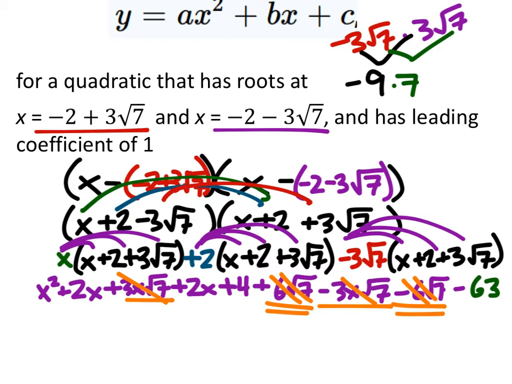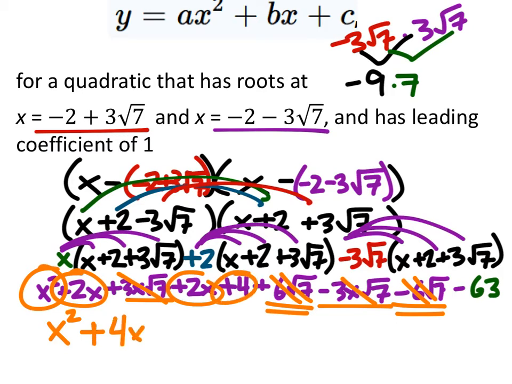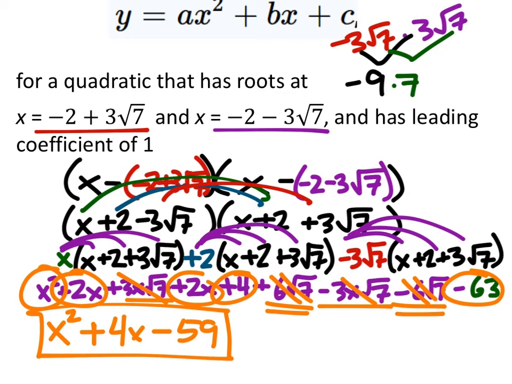I don't see any other funny business right here, like the i squared stuff, or the square root of 7 times the square root of 7. So I do have that x squared right here. I've got positive 2x and another positive 2x, which combine to be a positive 4x. And then I've got a 4 and a negative 63, which would be negative 59. That's it.